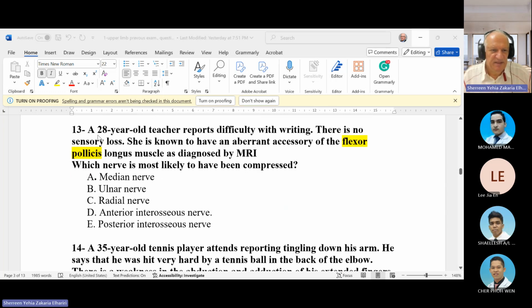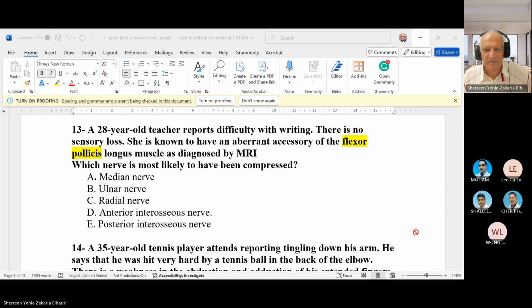Next question: a 28-year-old teacher reports difficulty with writing, no sensory loss. She now has an apparent accessory flexor pollicis longus muscle. This is a rare condition diagnosed by MRI, but he needs to ask which nerve is likely to be compressed, which nerve is likely to supply this flexor muscle.